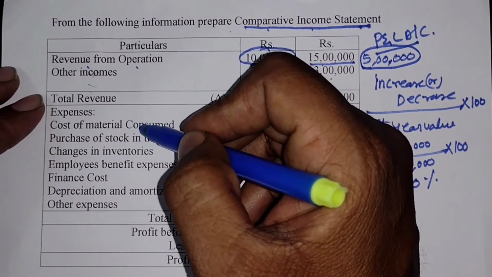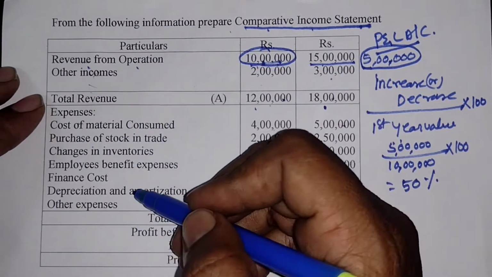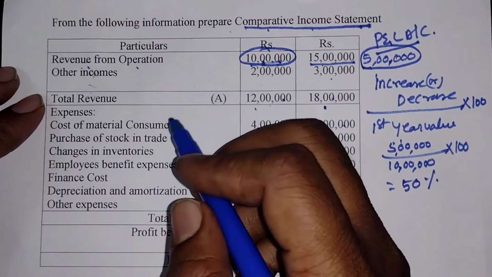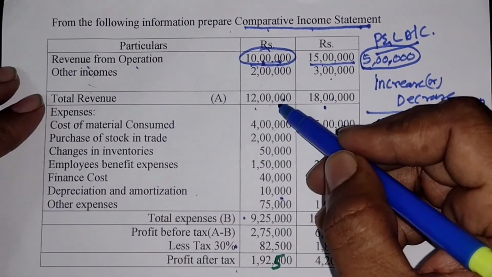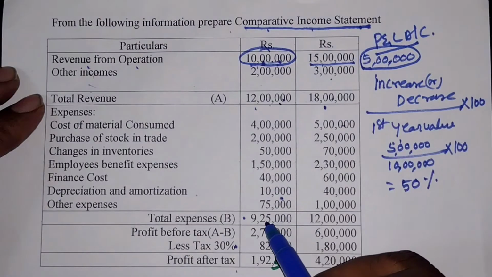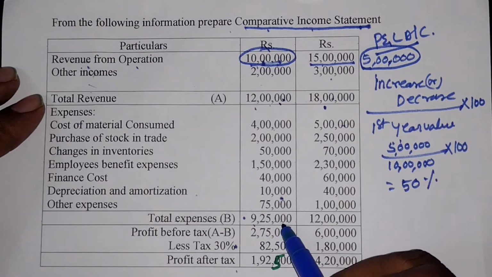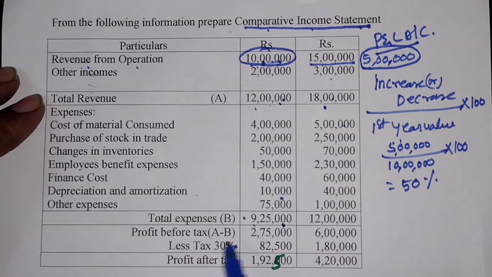Any expenses to be in this order only as per the Companies Act of 2013. So income is 12 lakhs and expense is 9 lakh 25,000. The profit before tax is 2 lakh 75,000. On the 2 lakh 75,000 they have calculated the 30% tax, 82,500 for the first year.